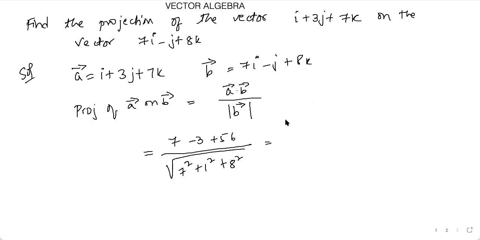So after simplifying it, we get that as 60 by, this is 49 plus 1 plus 64 gives out to be 114. So this is for the projection of A on B.